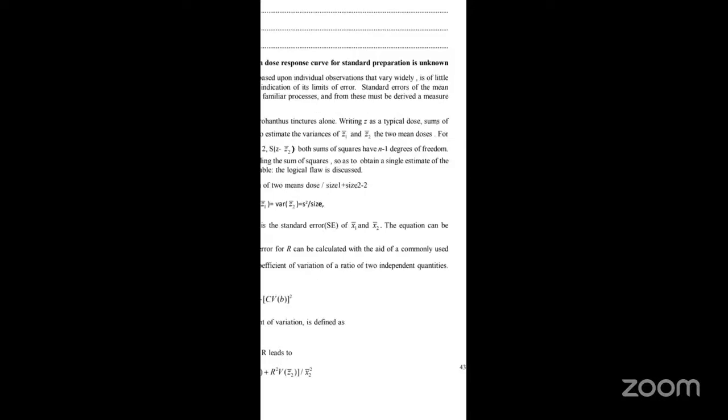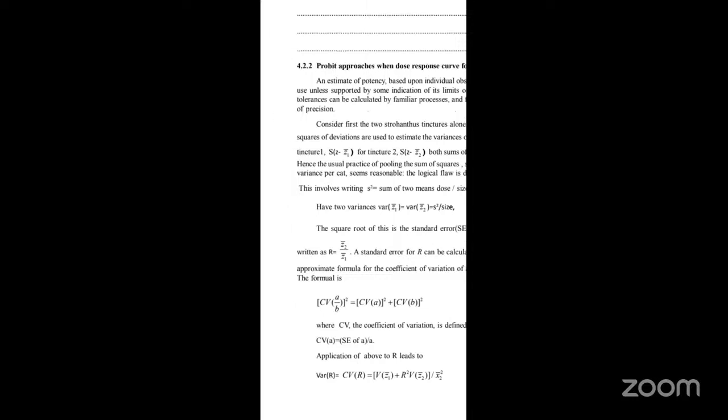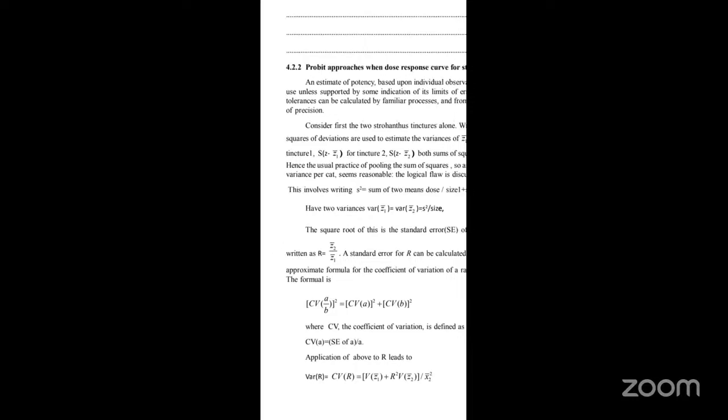Hence, the practice of pooling the sums of squares so as to obtain a single estimate of variance per cat seems reasonable. The logic is discussed by writing s square equal to the sum of the two sums of squares divided by size 1 plus size 2 minus 2.